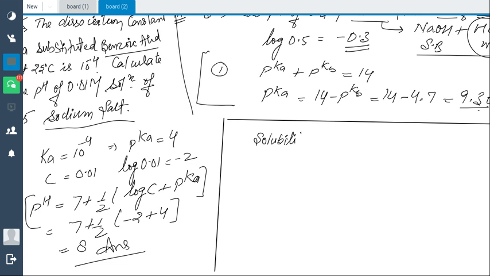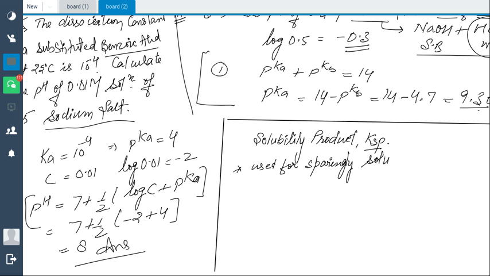solubility product, also referred to as Ksp. See, this is used for sparingly soluble salts.